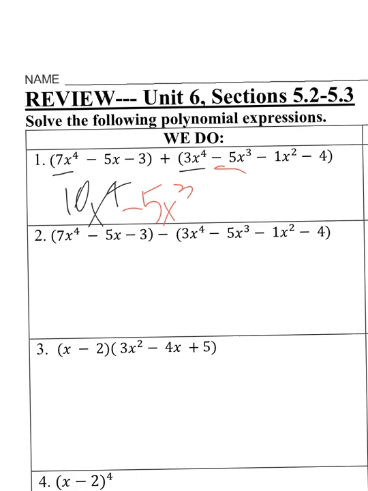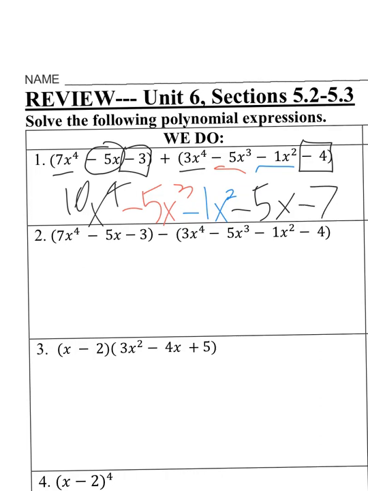And then there's also nothing for the negative 1x squared. But is there something for minus 5x? No. But minus 3 and minus 4 combine for minus 7. And so that would be the final answer.